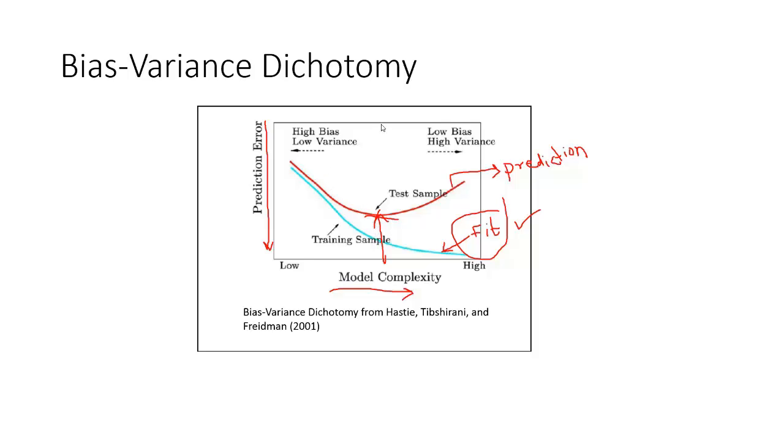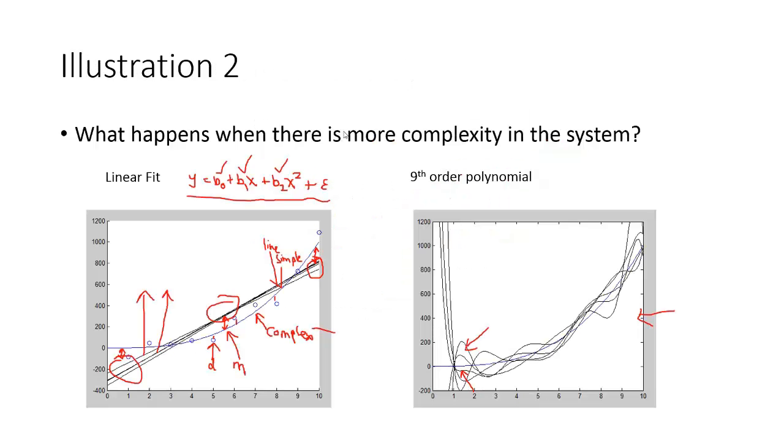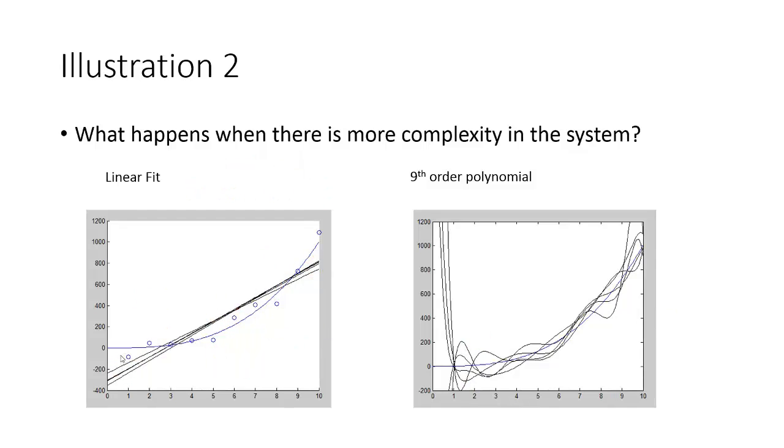The other idea here is that, yes, when model complexity is low, you don't do too well in terms of your prediction. The reason for that is because there is high bias. If you remember that linear regression, you were always off. When you were trying to fit that linear regression to that quadratic function, you were always off in certain regions. So you had a high bias and low variance. What we mean by that, and I'll go back to that slide, is you were biased in certain regions.